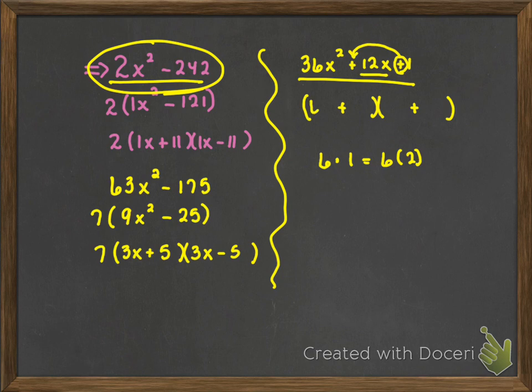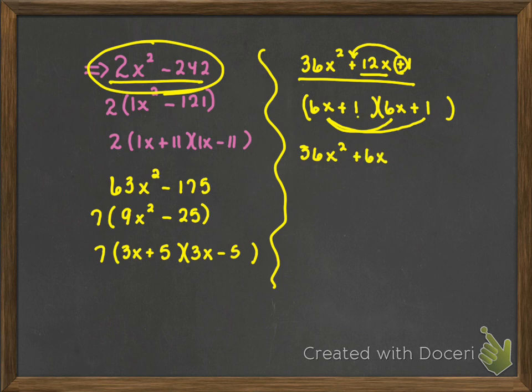So I have 6 is the square root of 36. X is the square root of x squared, and 1 is the square root of 1. And if I were to test myself, per se, by foiling this out, 6x times 6x is 36x squared. Then I have 6x times 1, which is 6x.